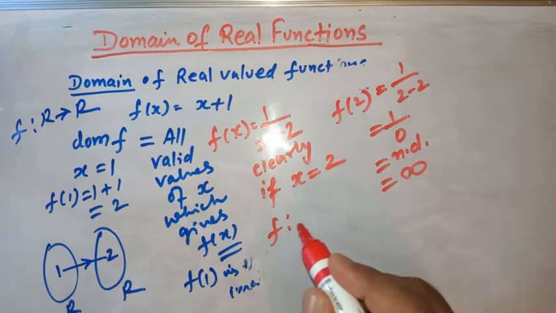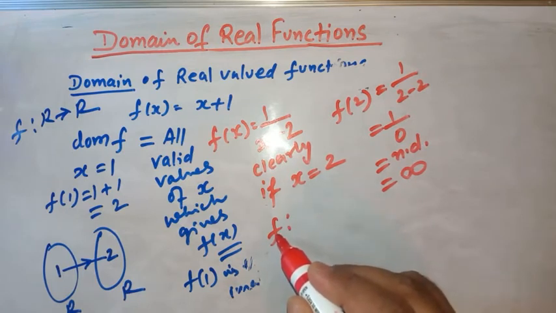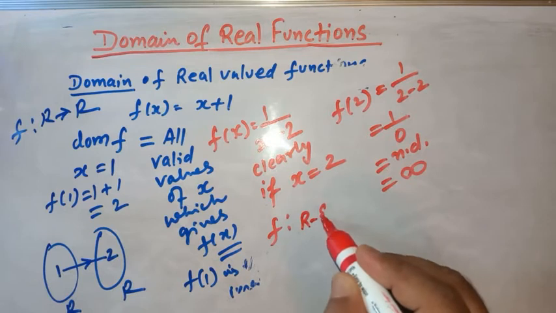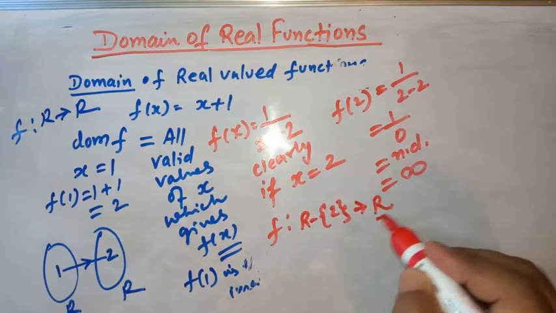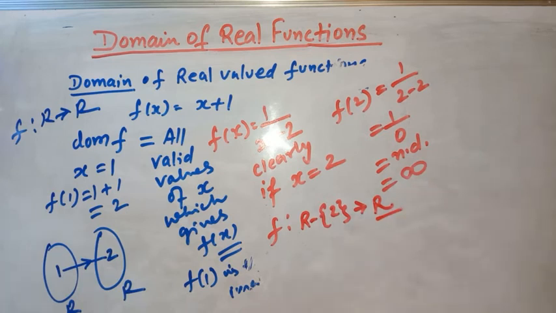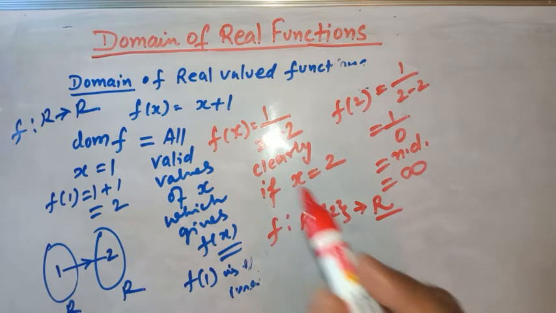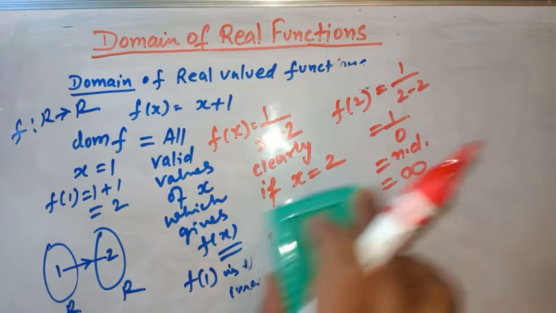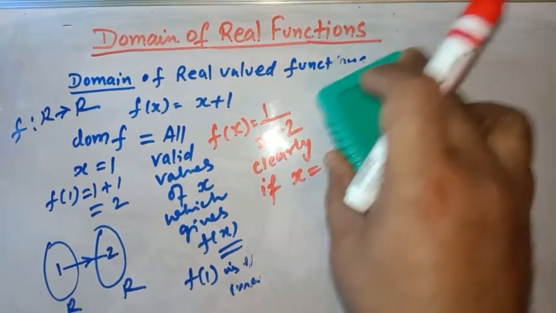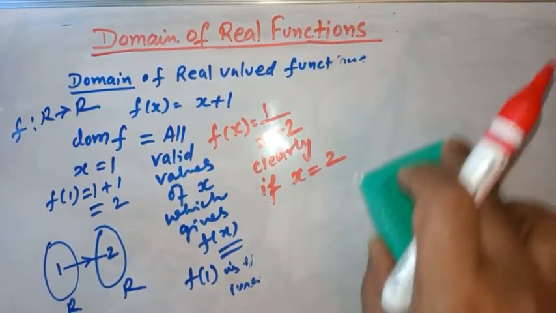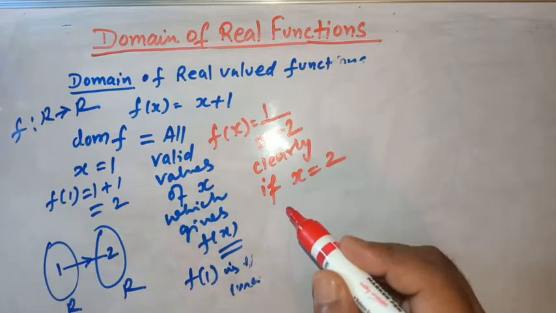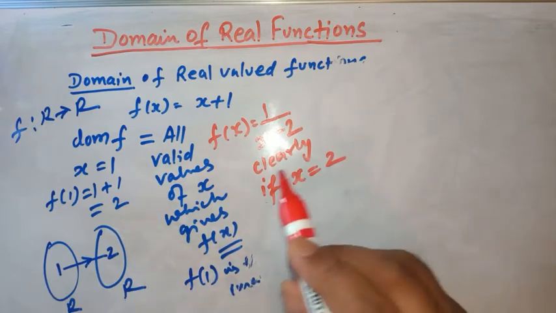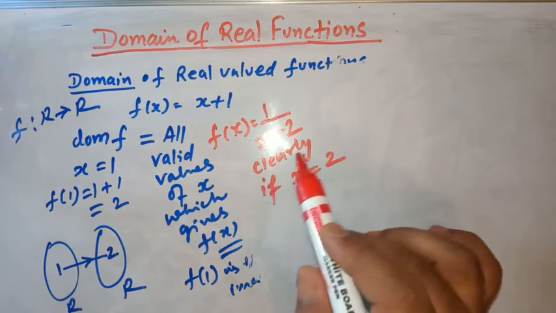So here we'll write the function f from R minus {2} to the set of real numbers, or we'll see it later on, but here we can restrict ourselves to the domain of real functions. Later on we'll find the range. So here we'll talk about only the domain.